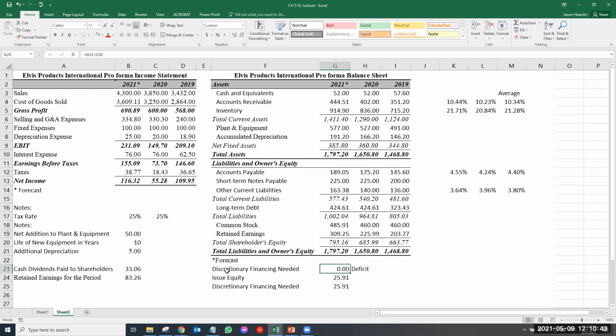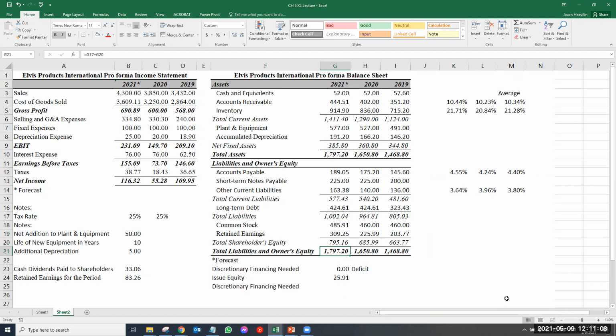And when you do that, now your discretionary financing over here becomes zero. This we just get out of the way so it doesn't confuse anybody. And this is your new updated common stock on the balance sheet. And now notice that they're both the same. And at that point, you're done. We have balanced the balance sheet through equity.